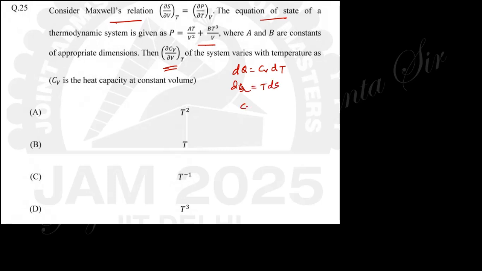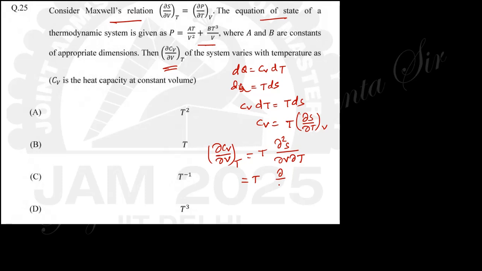So Cv dT equals T dS. So Cv is T del S del T at constant volume. So del Cv del V at constant temperature is T del 2S del V del T. This is T del T of del S del V, and del S del V is del P del T. So this is T del T of del P del T.